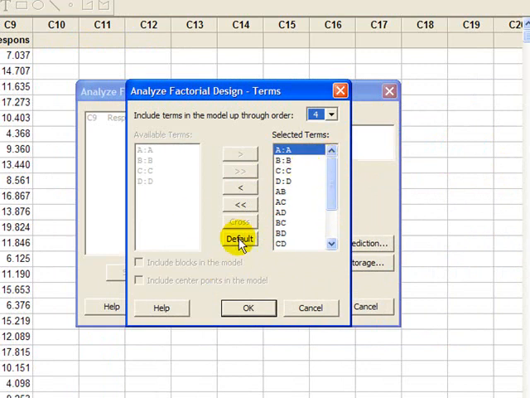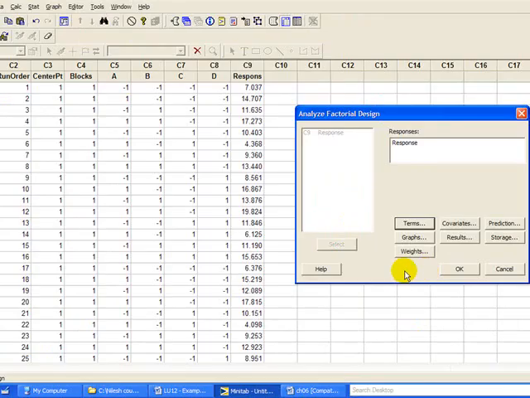We are using the default, with factors A, B, C, D, and then the interaction AB, interaction between A and C, interaction between A and D. Similarly, the interaction between A, B and C, and the others you can see, and finally the 4-way interaction between factors A, B, C and D. So all elements are included in this model. So I'm going to click OK.